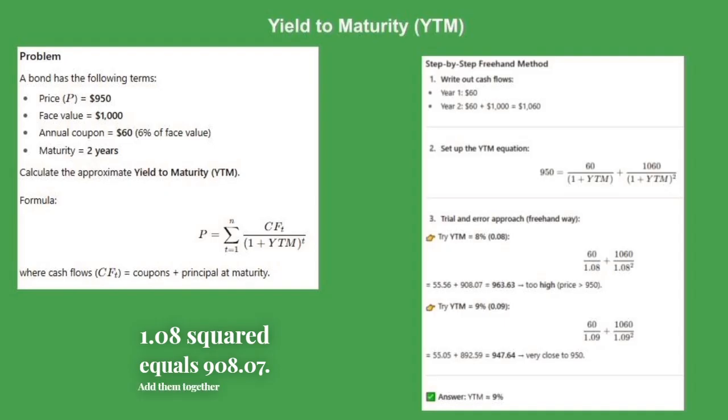Add them together and you get 963.63. That's high, which means the guess is too low.